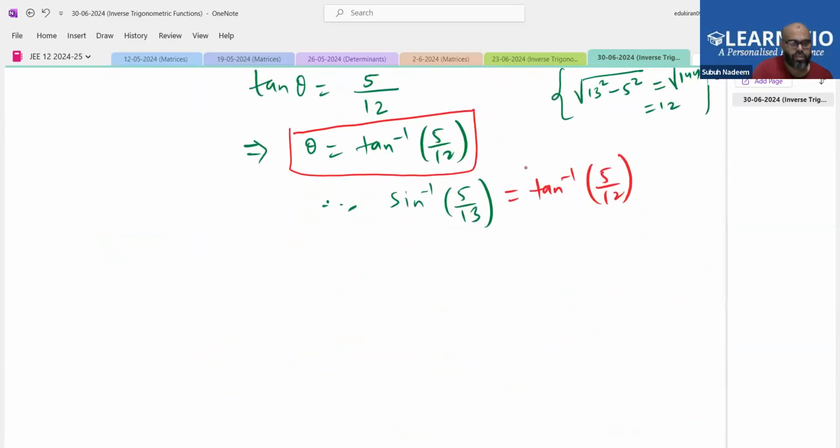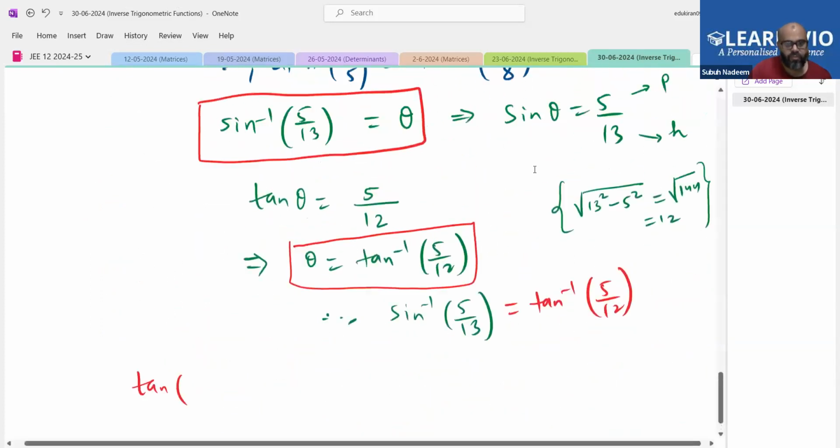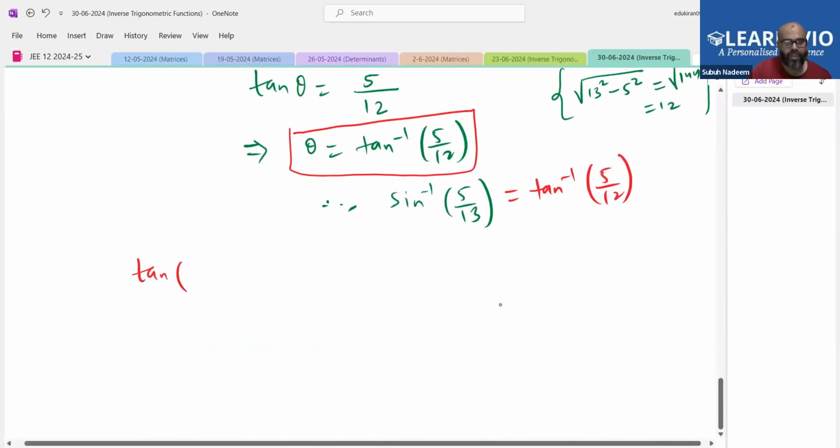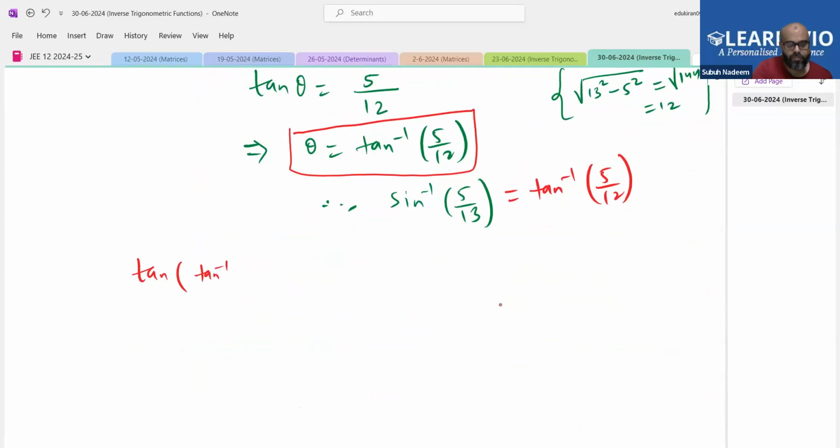Okay, so the question was tan of this plus this. So we come to the question now. Tan of first thing was alpha that we got as tan inverse 15 by 8. Second thing was theta that we got as tan inverse 5 by 12.